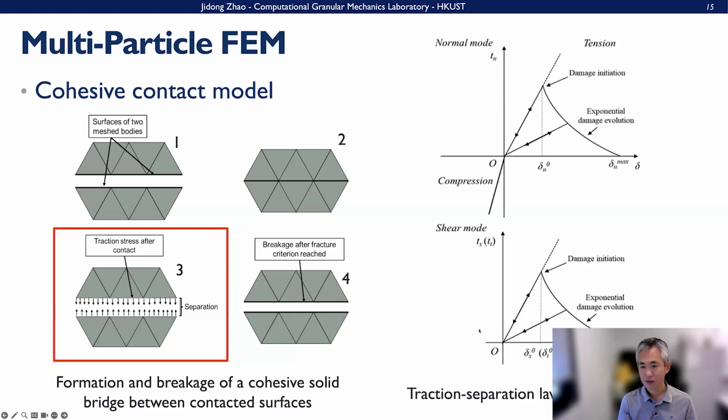Okay, we consider tension and compression for the normal mode. We consider a damage initiation, and then an exponential damage evolution law here. And when they unload, we assume linear unloading here, right? And then for the shear mode, we follow quite similar model patterns here, right?